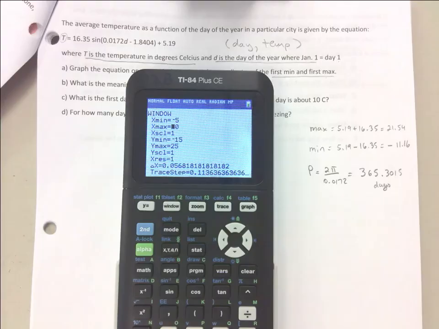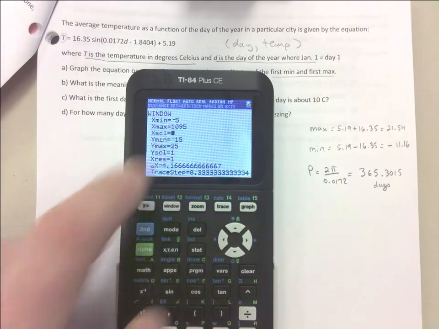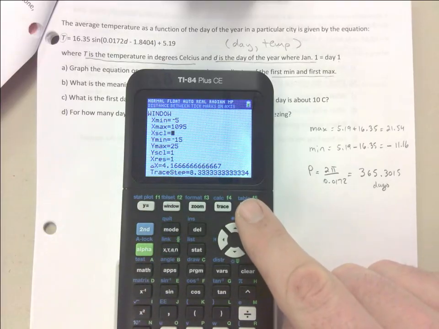For the x max, I usually go 3. I try to include 3 periods. This is not a hard rule, but I go 3 times 365. And that's going to guarantee you a pretty good graph there.